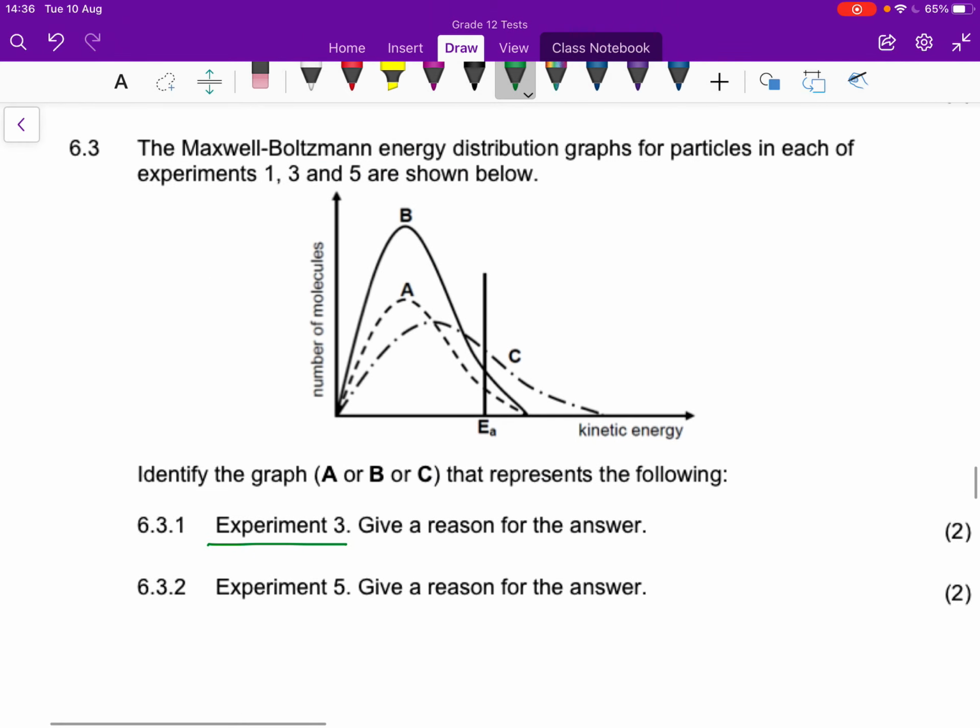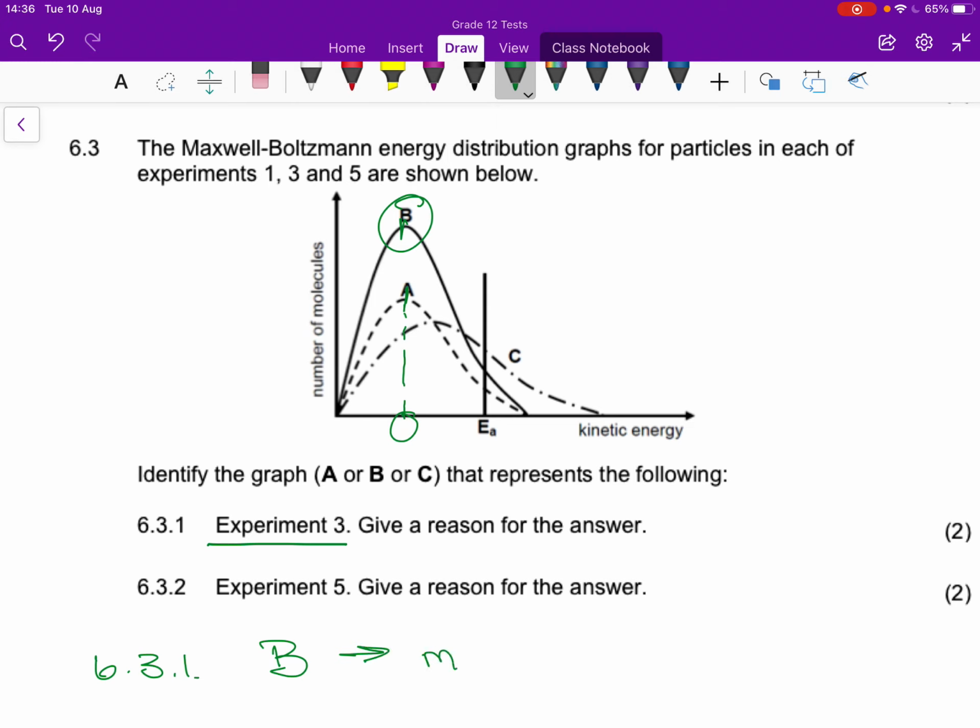So watch here. A and B, those two graphs, have the same average kinetic energy. Okay, the peaks at the same value of kinetic energy. B is much higher. That means for B, there's far more particles because the area under the graph will be bigger. Alright, so experiment 6.3.1 is B.